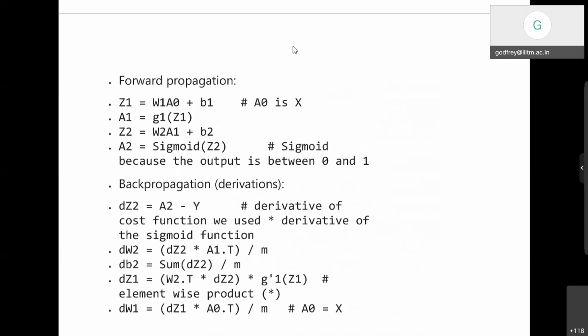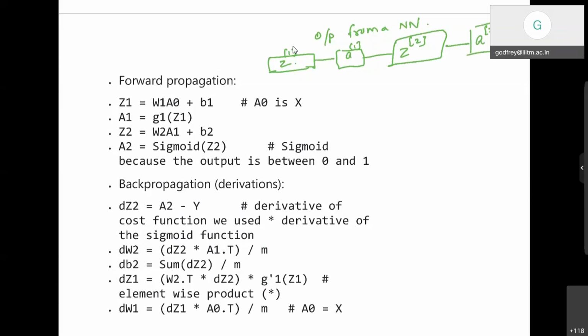It means that in order to compute the output from the neural network, you are going to have Z1, then A1. We assume a neural network with a single hidden layer. Then you have Z2, then A2, then you have the loss L of y hat, y.